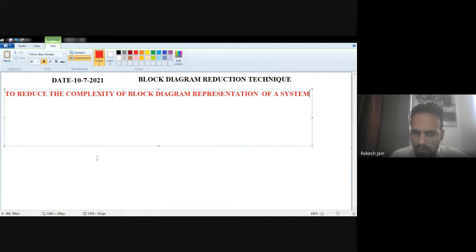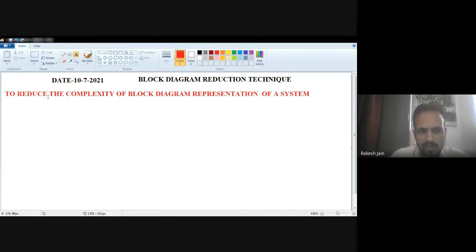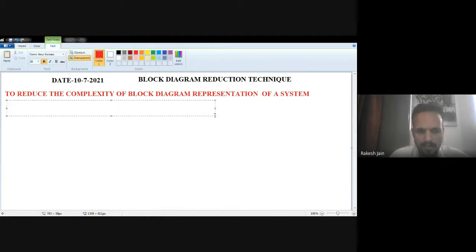Basically it is used to find the transfer function of a system.